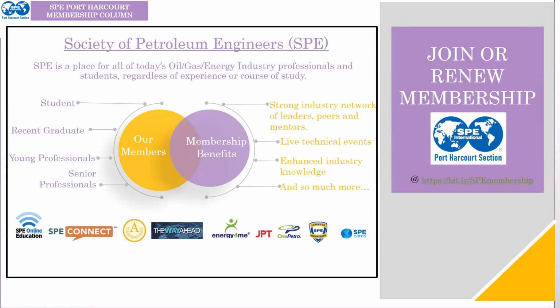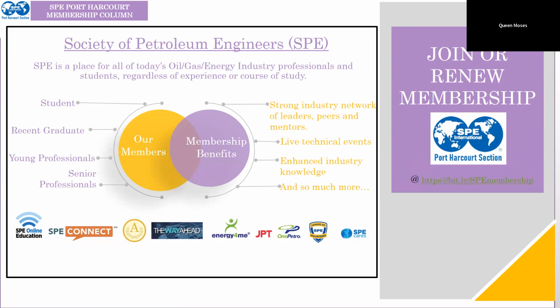For our students, no matter the university where you are, if there's an SP chapter in your school, you can join the chapter to follow up with the activities. If you are not yet registered as a student, please reach out so you can be registered. Student membership is free of charge. SP pays for your membership as you're a student.